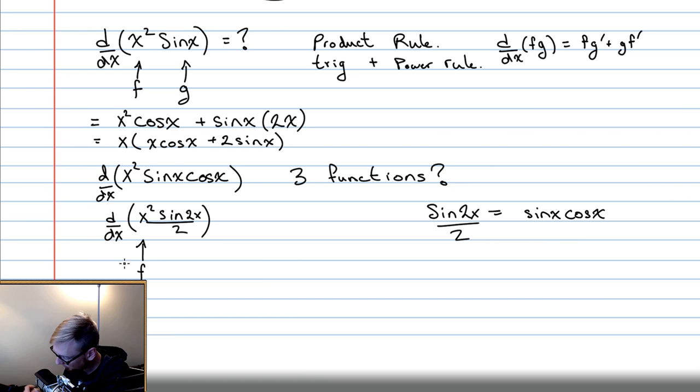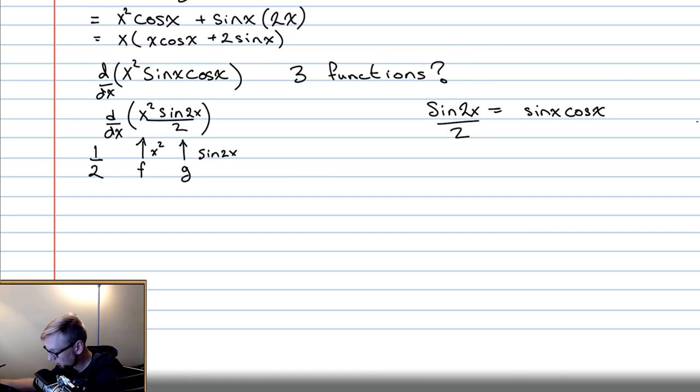So we'll just leave it out front. So 1/2. And then our g is sine of 2x. Okay. Let's do the derivative of this now. So what was it? Product rule, fg prime equals f g prime plus g f prime.